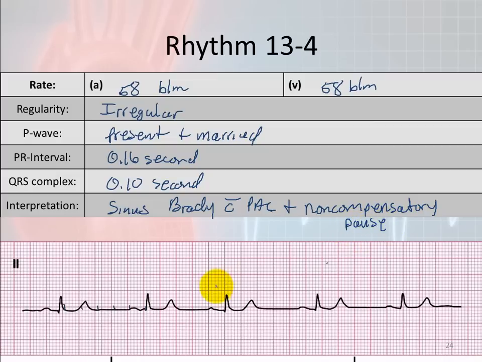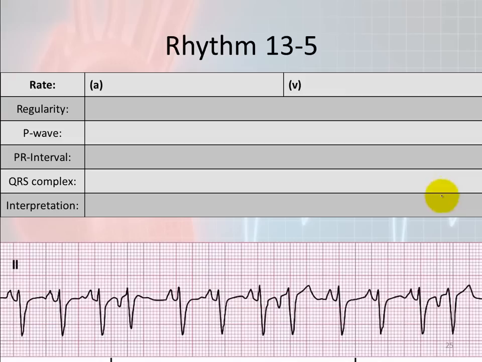Because it's a non-compensatory pause, that means that the P waves did not march out from the front to the back. And a non-compensatory pause means the SA node was reset.